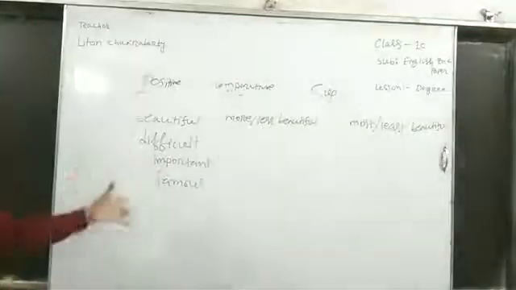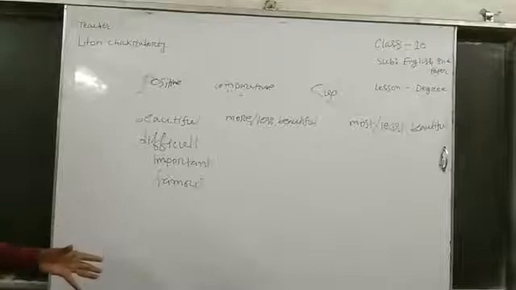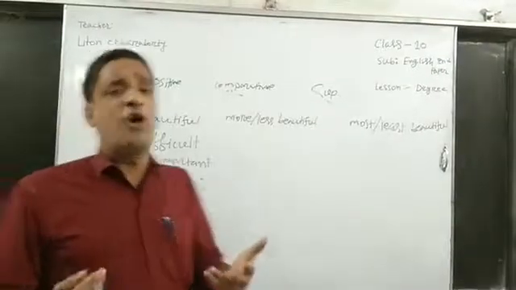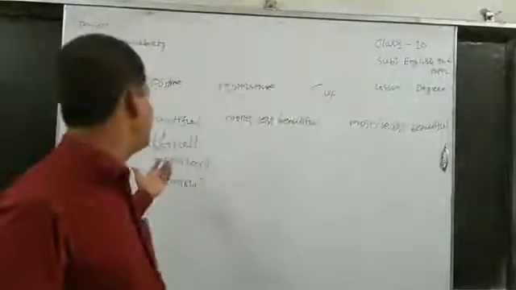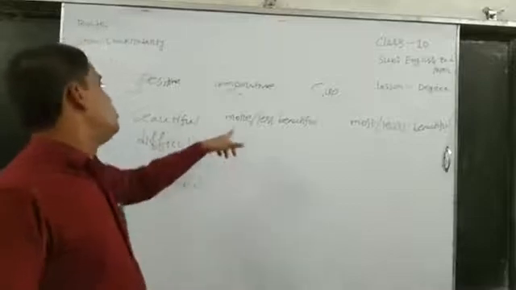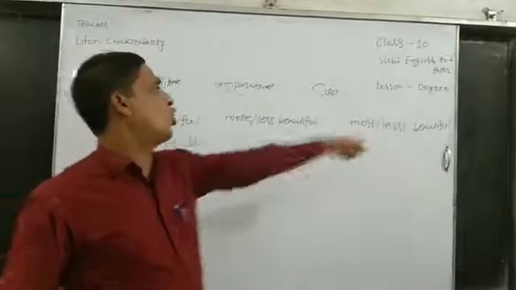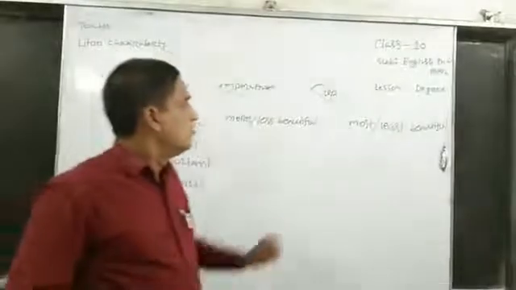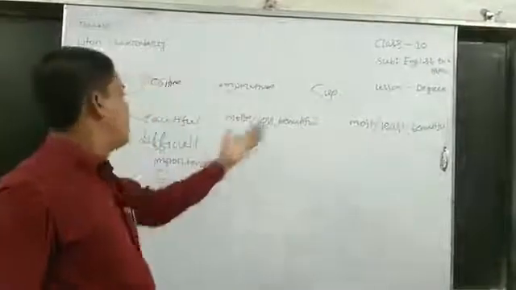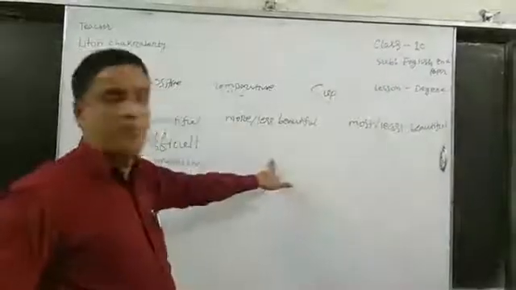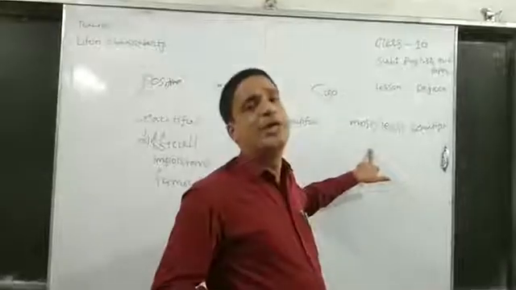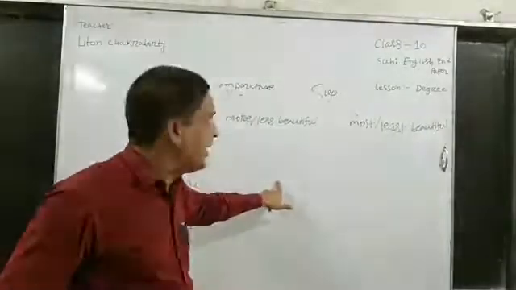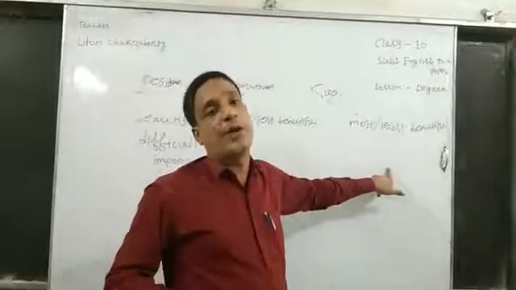You can write many words. What are compound words? Means trisyllable or polysyllable. In that case, you must use more or less difficult, most or least difficult, more important or most important. More important is comparative, most important will be superlative. More famous will be comparative, most famous will be superlative.